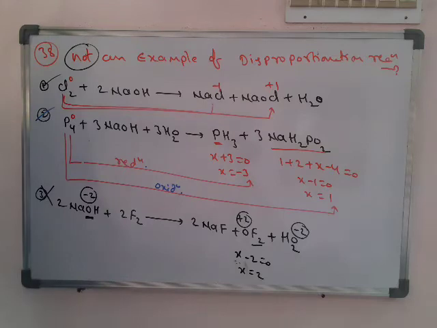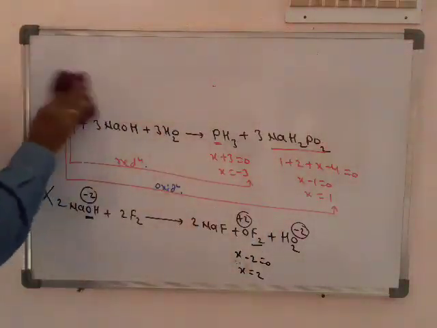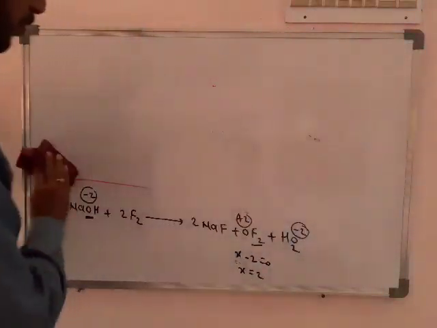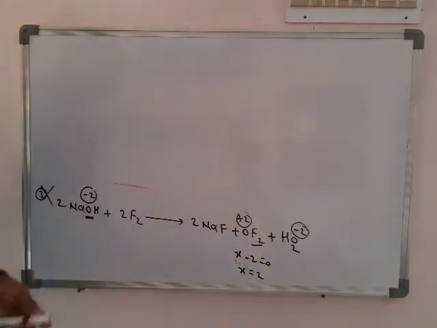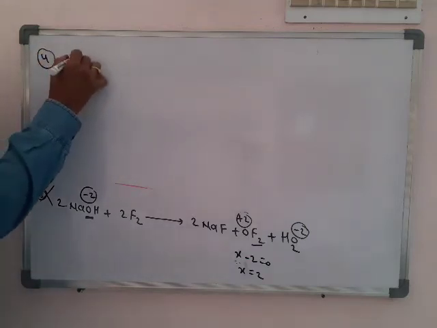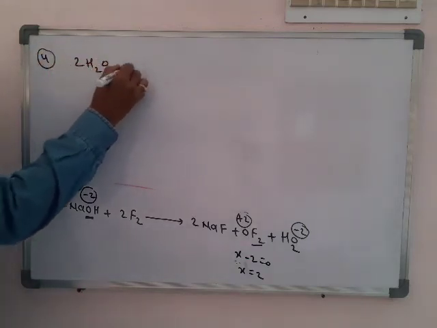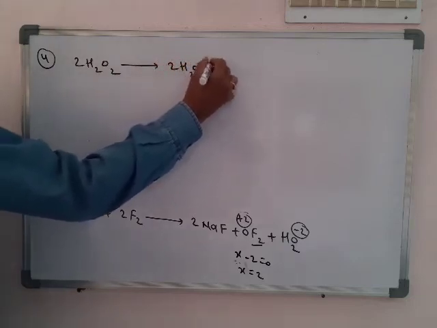So we have to check the next option also, not the question. In the same question, the fourth option is also there. What is the fourth option? The 2 hydrogen peroxide reaction is given.